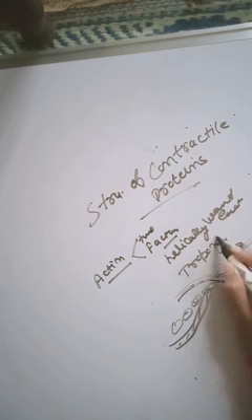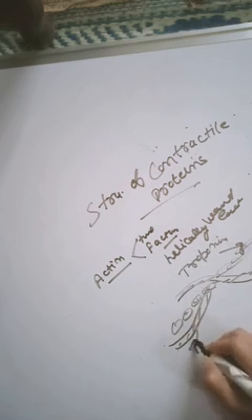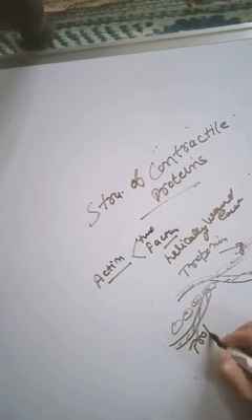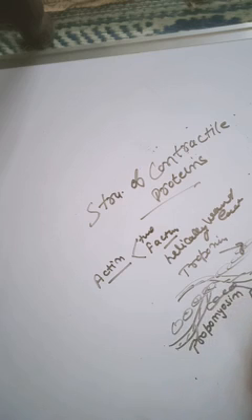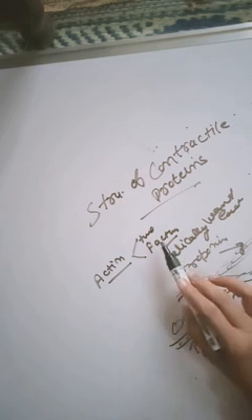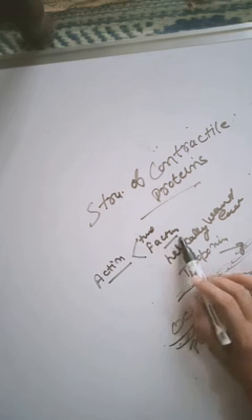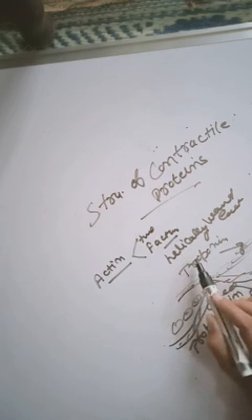Troponin, tropomyosin and F actin. Two F actins helically bound to each other.